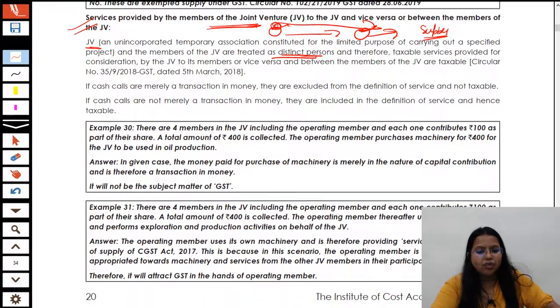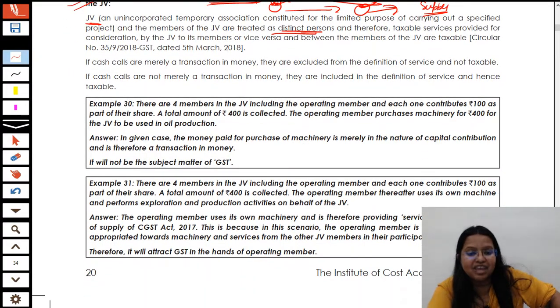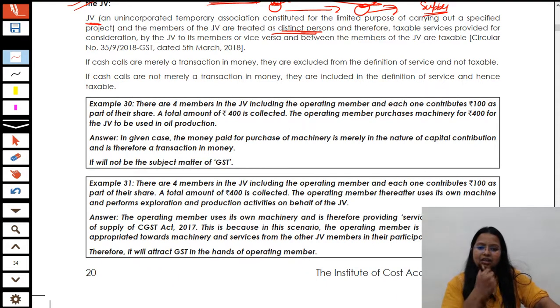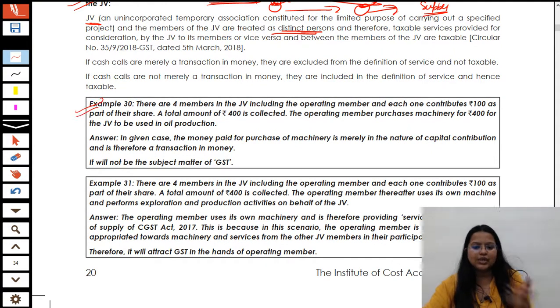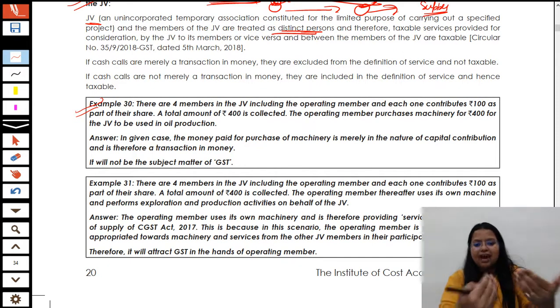But now the next point is, if cash calls are merely a transaction in money, they are excluded from the definition of service and not taxable. What does it mean? It is very important, so let's understand it with the help of example number 30. For example, students, there are 4 members in the joint venture, including the operating member, and each one has contributed rupees 100 as part of their share.